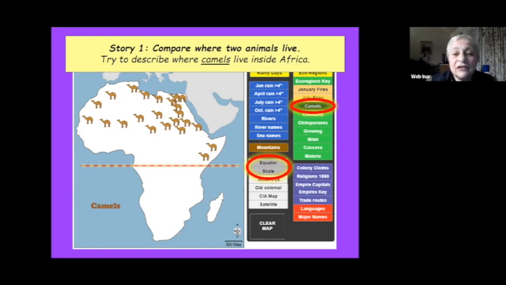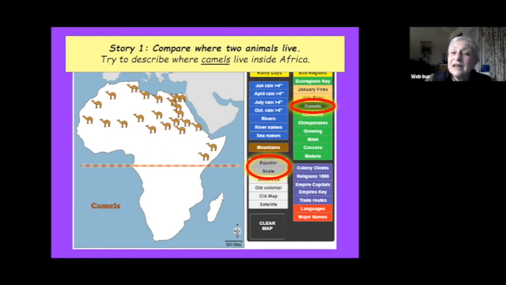Maybe a sixth grade student would know to use the small compass rose here to say, well, the camels are mainly in northern Africa, or not just the top part of Africa. Or a third grader might say the camels are in the bulge at the top. It's important that students verbalize what they see.